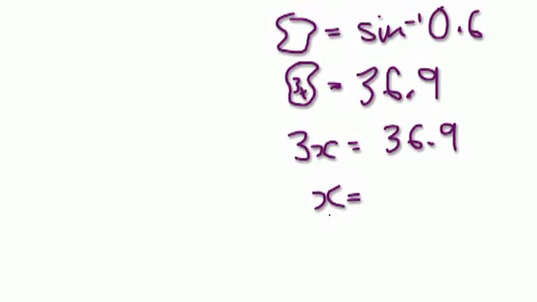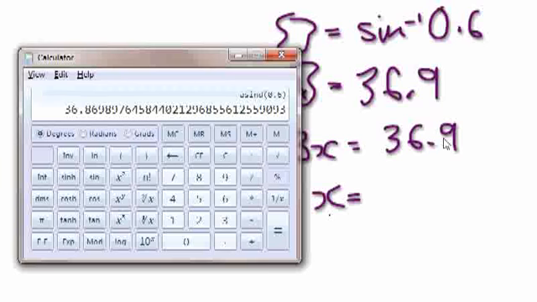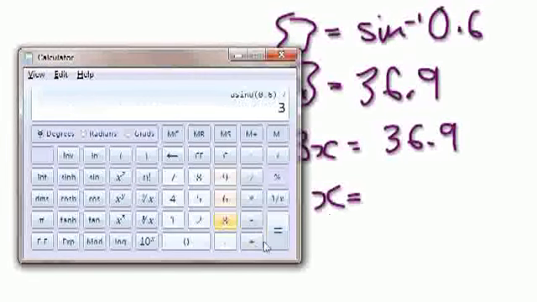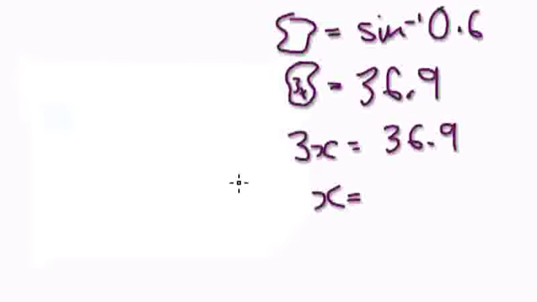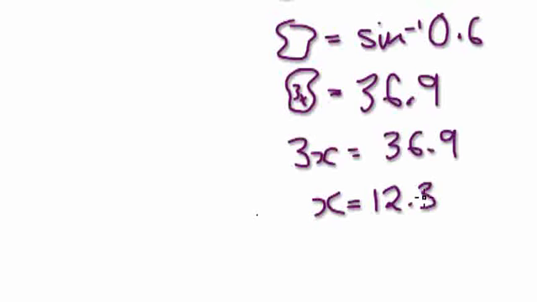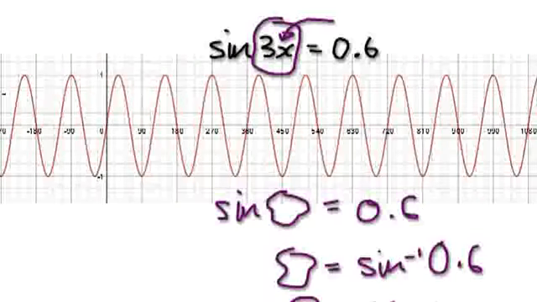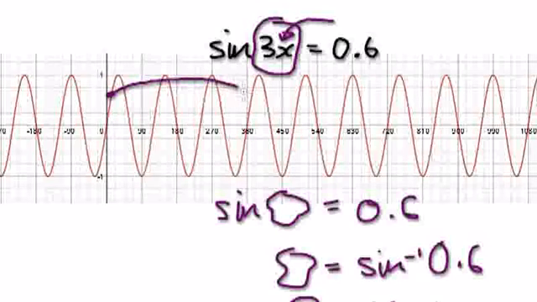So x equals 36.9 divided by 3, which equals 12, let's round off to 12.3. So our first solution here is 12.3. This point here is 12.3.